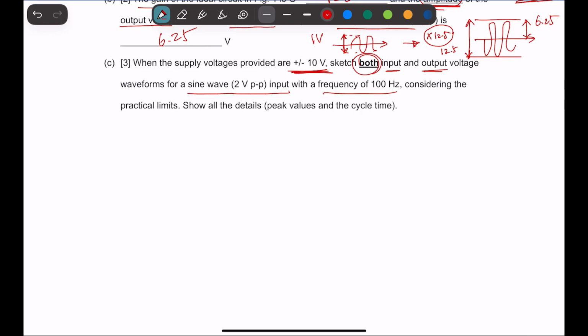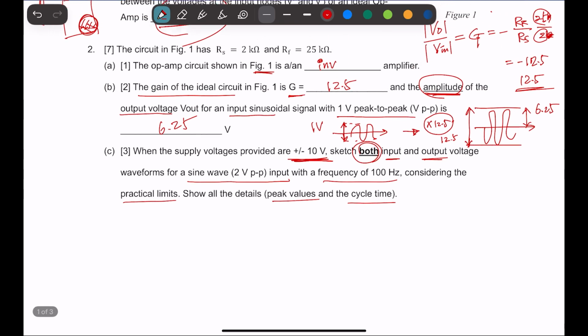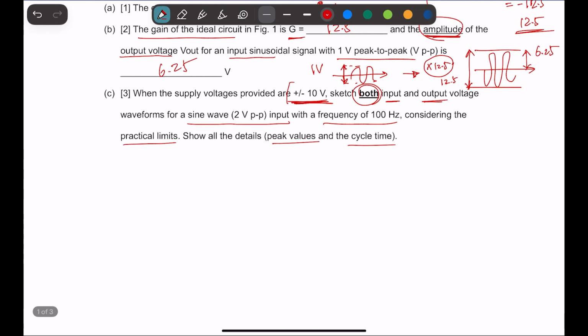I want you to consider the practical limits, and show all the details like the peak value and the cycle time. I saw some students make a mistake with this 10 volt. This 10 volt is a supply voltage.